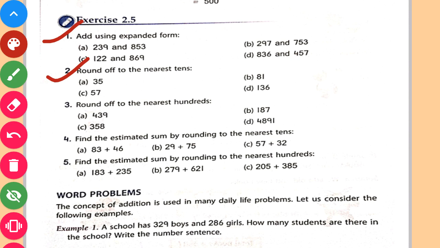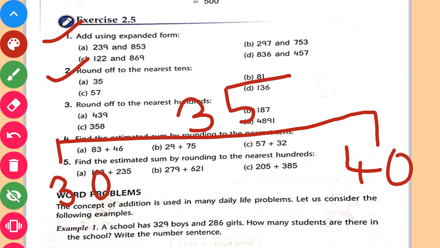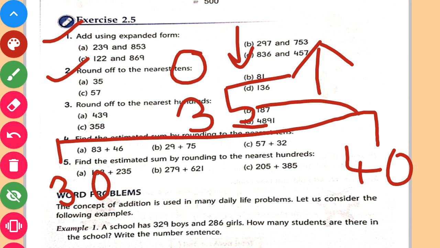First question is 35. So 35 lies between which two tens? 35 lies between 30 and 40. What do we have to do here? We have to round off to nearest tens. So while rounding off to nearest tens, which digit will we see? We will see digit at ones place. 5 is there at ones place. So what will we do? This number will get rounded up. This number will become 40.